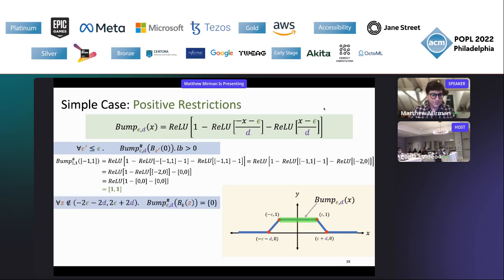The second property that we want to check is that the bump function outside of this plateau also produces intervals of 0 width that we can prove things with, singleton intervals, and says that the bump function isn't activated on those.